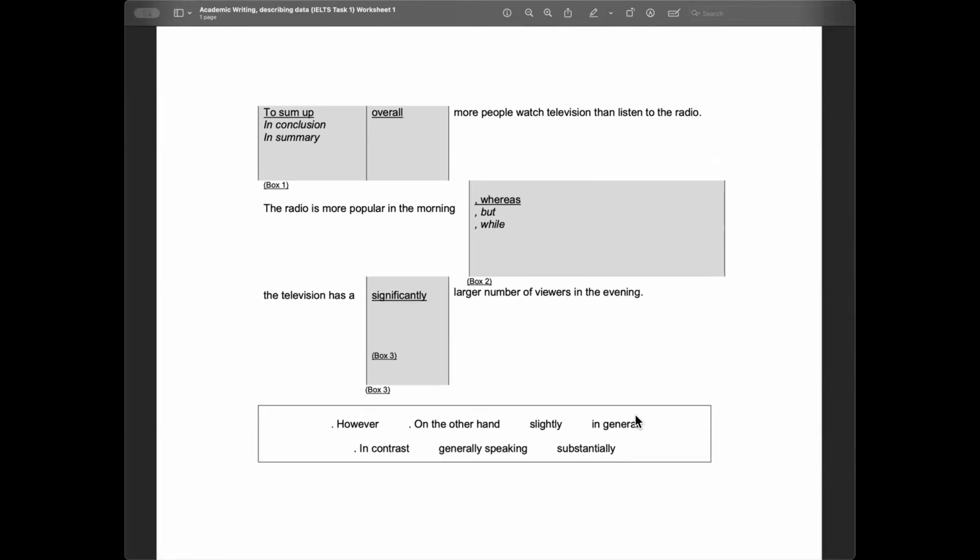Well, in the contrast, we can write however, on the other hand, in contrast. Which box would that go in? Is it box 1, whereas, but, while; 2; or 3? 2. Yes, it would. So however, on the other hand, would go in box 2, right? In contrast. Yeah.